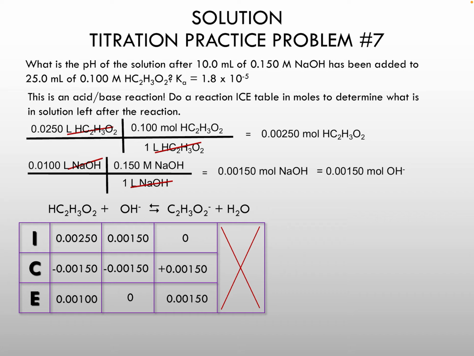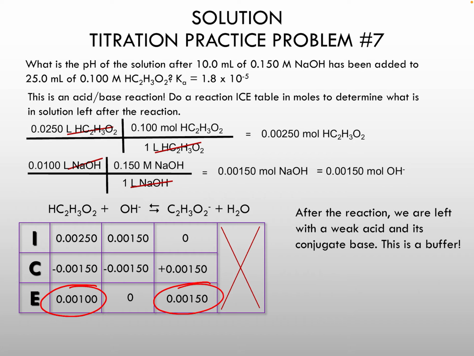And if you'll notice, we have weak acid and conjugate base left in solution. So when we have weak acid and conjugate base, that should tell you this is a buffer, okay? And so since this is a buffer, we can go ahead and use that Henderson-Hasselbalch equation. We'll use this as our acid and this as our base. In order to use the Henderson-Hasselbalch equation, we need to have the pKa.